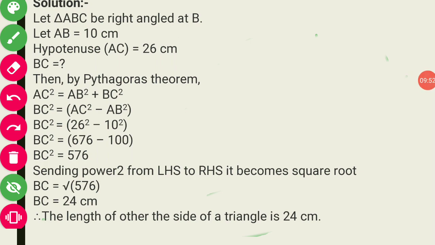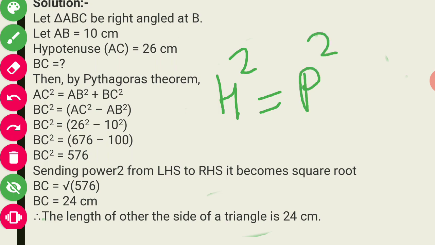So now let's solve the question. Since ABC is right angle at B and AB is of 10 centimeter, the perpendicular, and the hypotenuse AC is equal to 26 centimeter, you have to calculate the base BC here. So by using the Pythagoras theorem, as you know, Pythagoras theorem is what? Hypotenuse square is equal to perpendicular square plus base square.